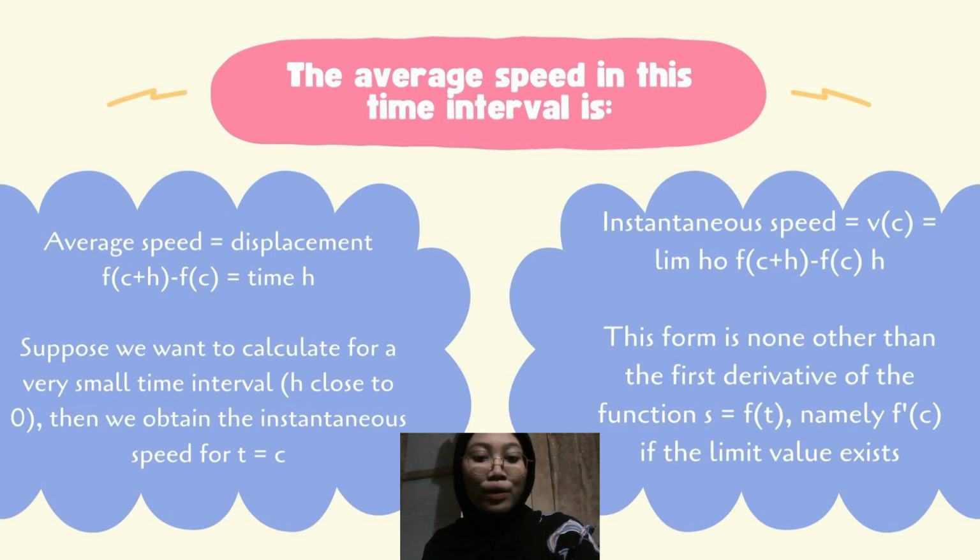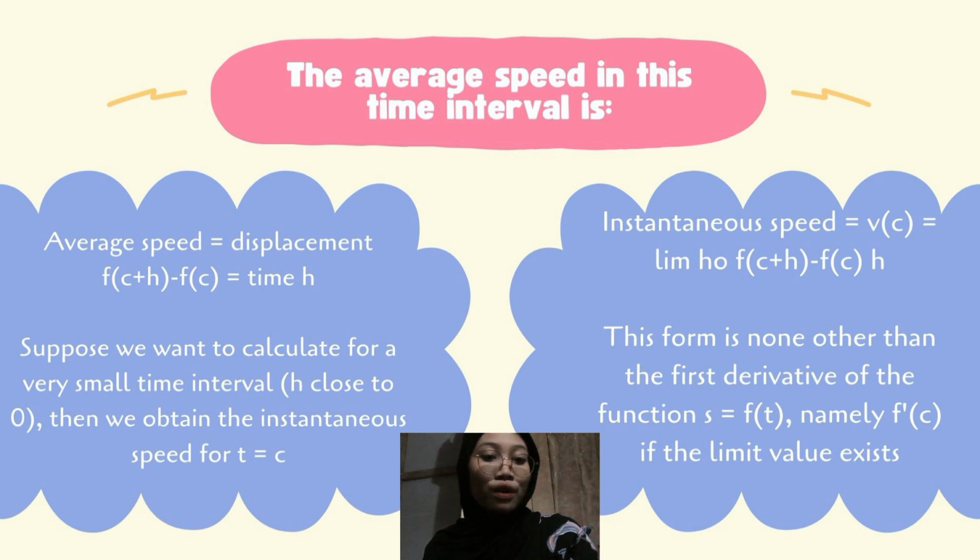Then we obtain the instantaneous speed for t equals c. Instantaneous speed v(c) equals the limit as h goes to 0 of f(c plus h) minus f(c) over h.